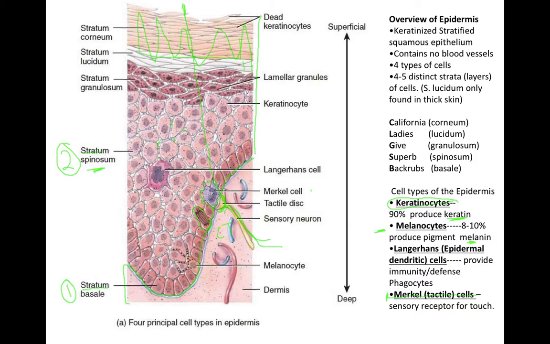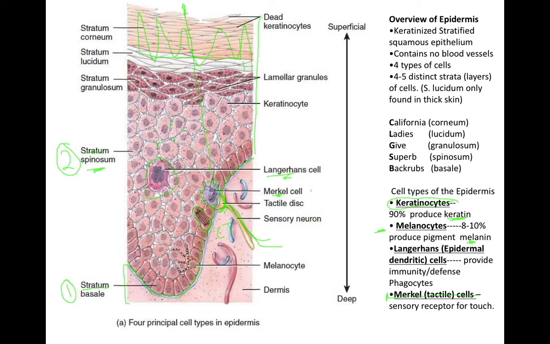But you're also going to have this cell in here. It's a Langerhans cell, aka epidermal dendritic cell. Nobody calls it that. Everybody calls it a Langerhans cell, named after a German scientist that discovered it. In fact, Merkel is German. A German scientist discovered that one too. But anyway, Langerhans cells sit in the stratum spinosum.